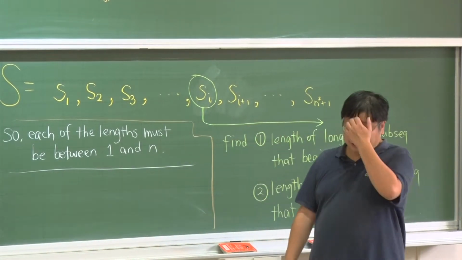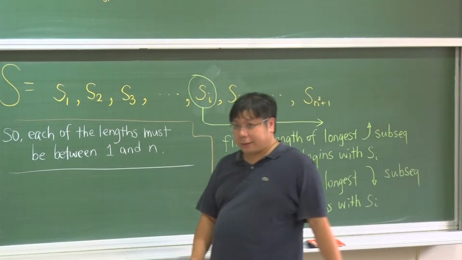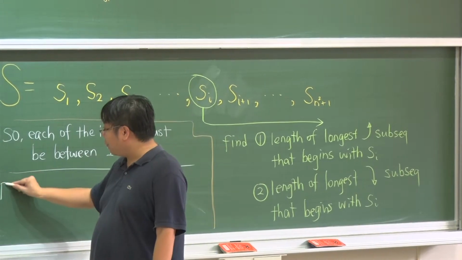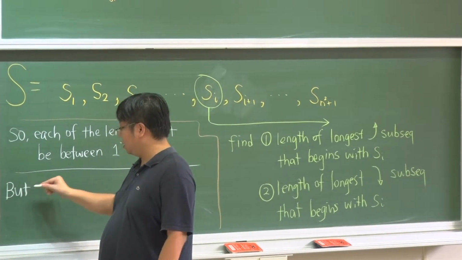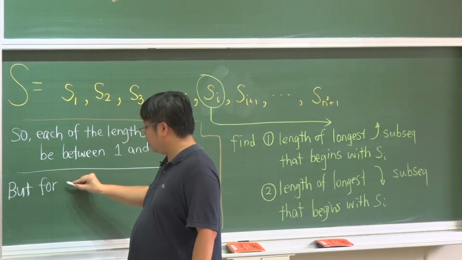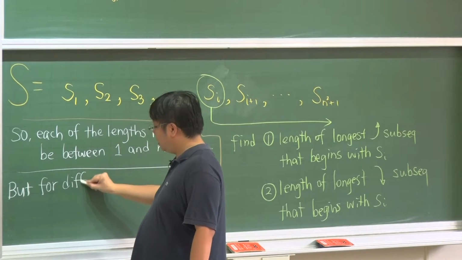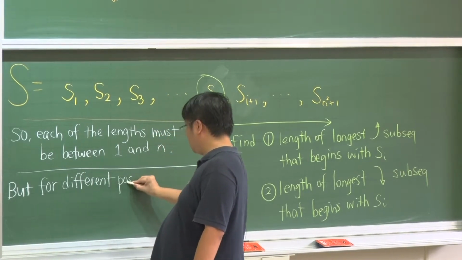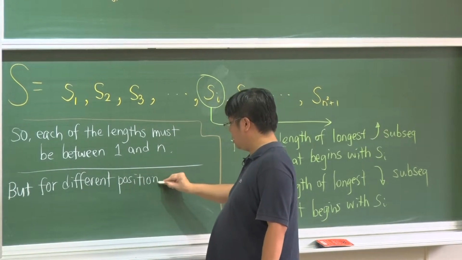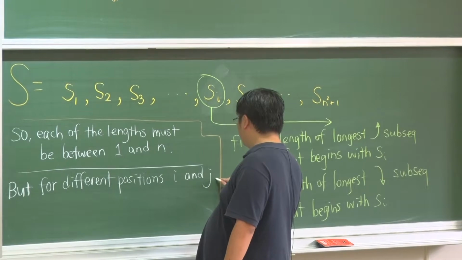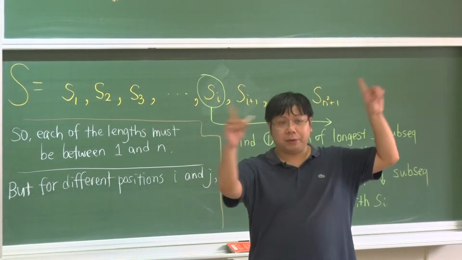But then, this is the other thing. We hope to get a contradiction. But what we can find, for different positions i and j.